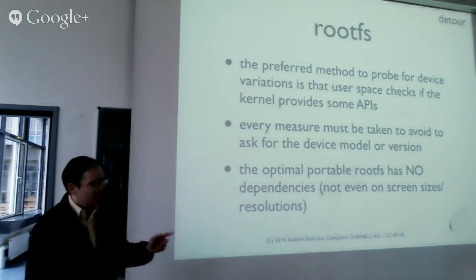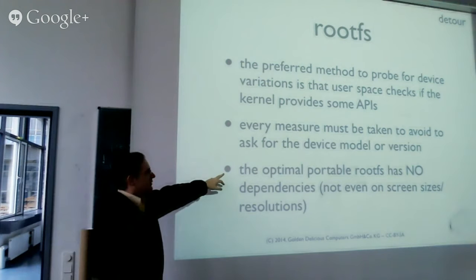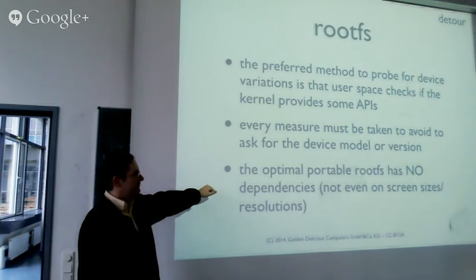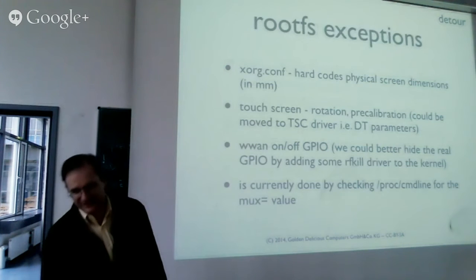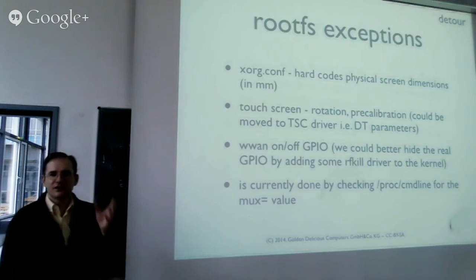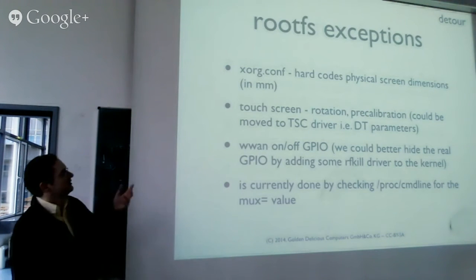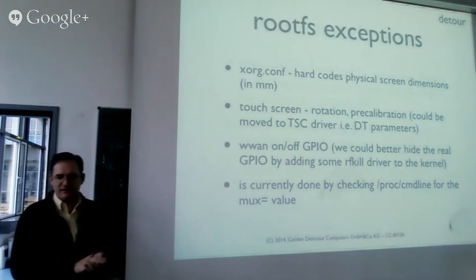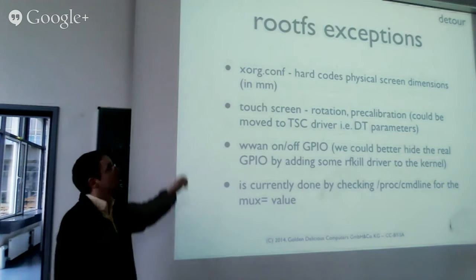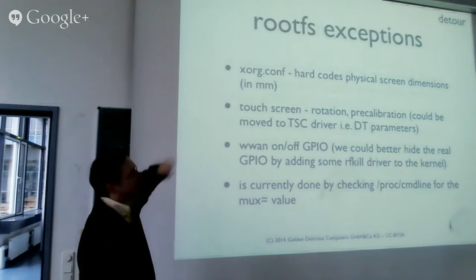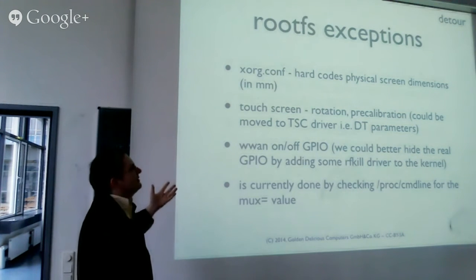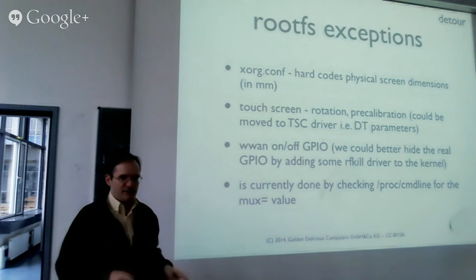So the optimal portable root file system has no such dependencies. But unfortunately, that's not possible completely. So for the migration to device tree and device independence, also the root file system needs some configuration. For example, the xorg.conf must hardcode the physical dimensions.